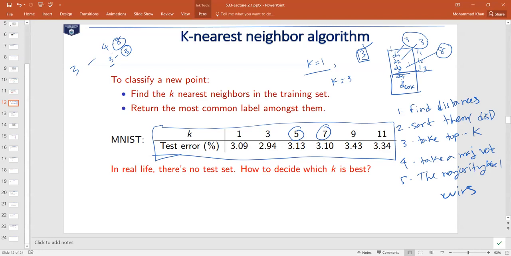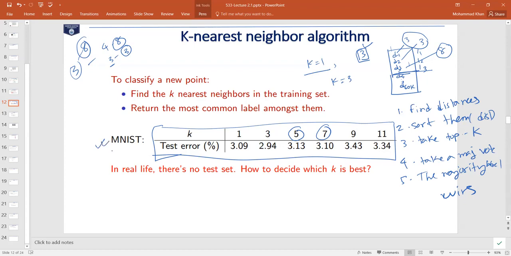And based on that, we'll classify 3 as 8. So if we take majority vote, it does not mean that it will always be better. Maybe it will confuse the algorithm even more. So that's how we got it from here.